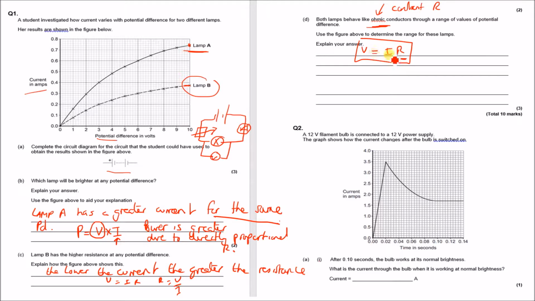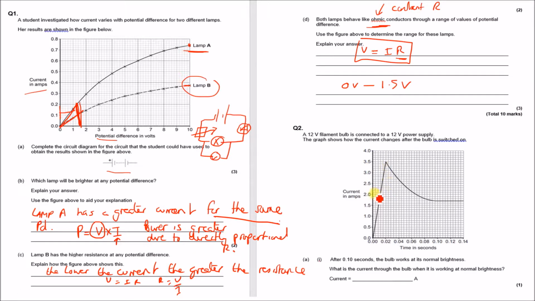Well, this is a directly proportional relationship. So because it's directly proportional, we're looking for any part of the graph that is just a straight line. Now, according to the mark scheme, that is below 2 volts, but I think it starts to curve a little bit here, so I would probably go for around this range here. So you're going to go from 0 volts through to maybe 1.5. So 0 volts is a range through to 1.5 volts.